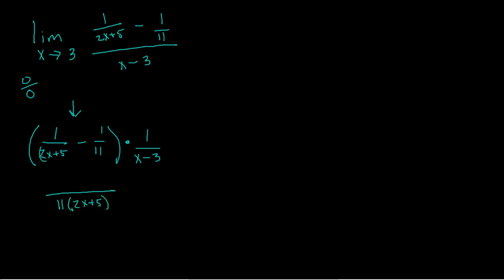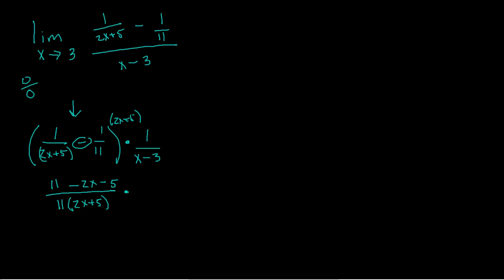This guy needs the 11 on top and bottom, so I'll multiply 1 by 11 on top and get 11. This guy needs the 2x plus 5 on the top and the bottom, so I'll multiply the top and I'll get negative 2x minus 5, because you got to distribute the negative. Be careful, there's a negative right here, so it's going to be negative 2x, negative 5.